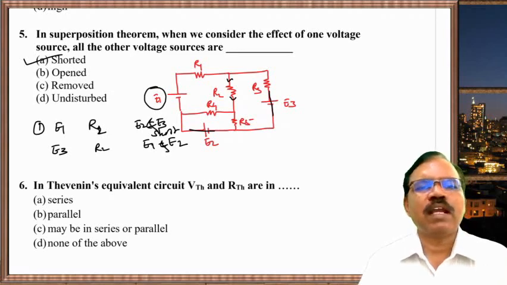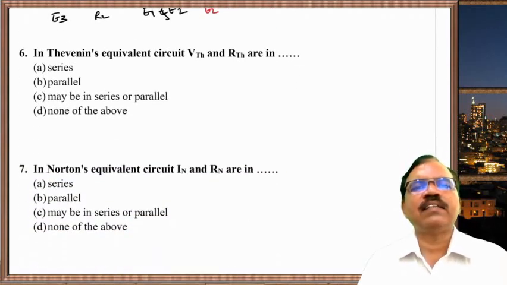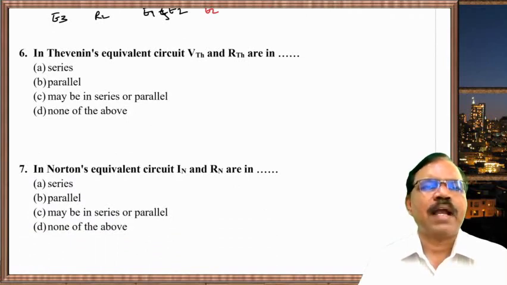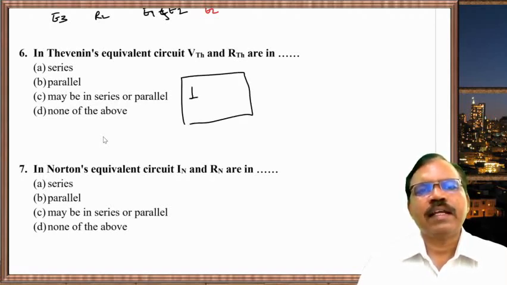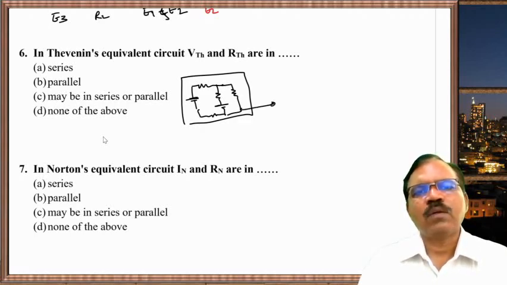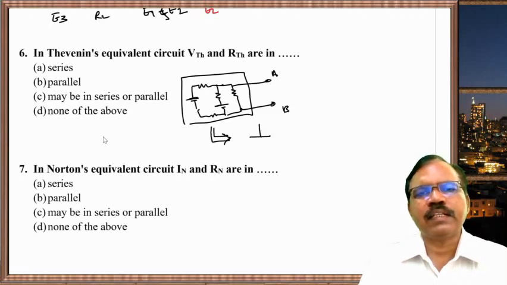In Thevenin's equivalent circuit, VTH and RTH are in series, parallel, maybe in series or parallel, none of the above. Now any network containing sources of EMF and resistances like this, and two terminals are taken out, suppose A and B, then the equivalent voltage circuit, that is the Thevenin circuit, is VTH and RTH.